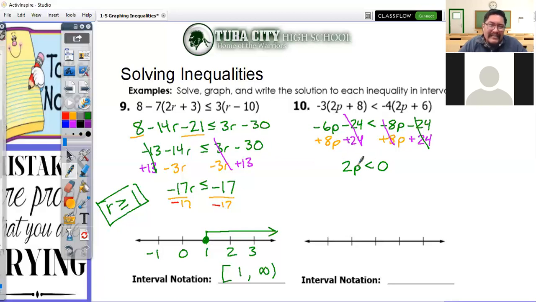Now what number can I times by 2 to get 0? If I say it like that, you should probably easily know that, because that is one of the number properties. It is the 0 product property, and that is 0 times anything should be 0. So the only number that could fit in here is 0. Or if I were to divide both sides by 2, 0 divided by 2 is 0.